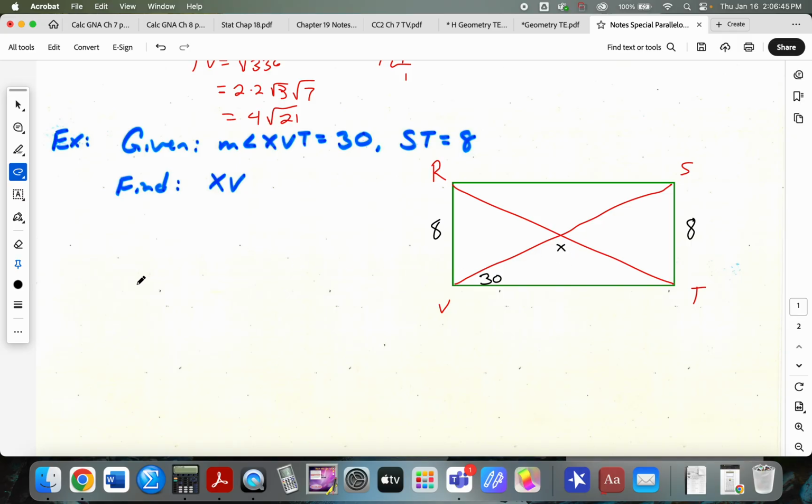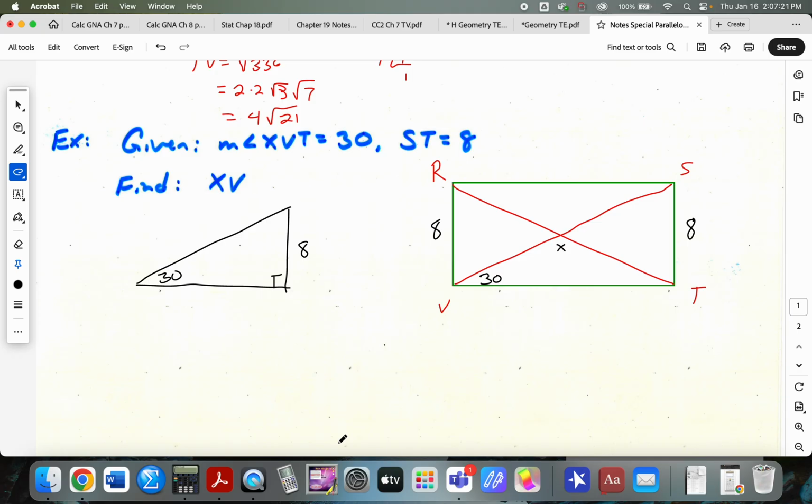But if you look at VS, got this big right triangle. That's a right angle. This is 8. This is 30. Which side of the 30, 60, 90 triangle do we have? Do we have the short leg, the long leg, or the hypotenuse? The short leg. Why? How do I know that's the short leg?